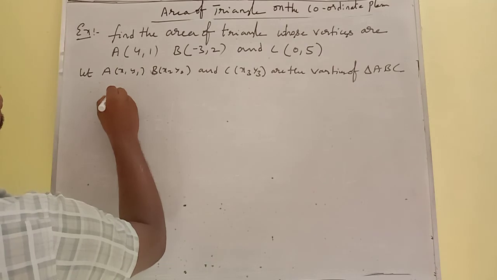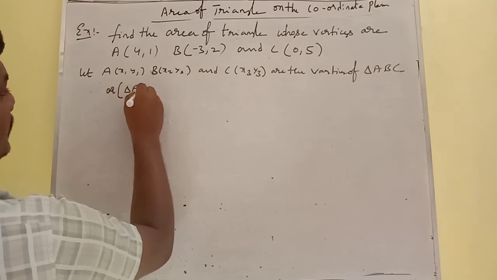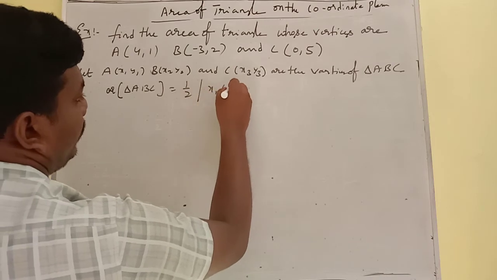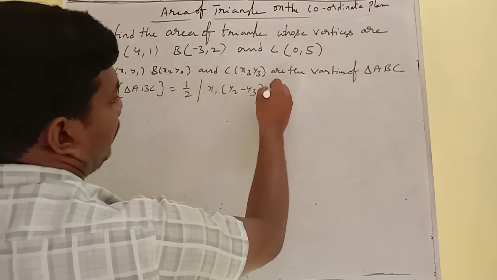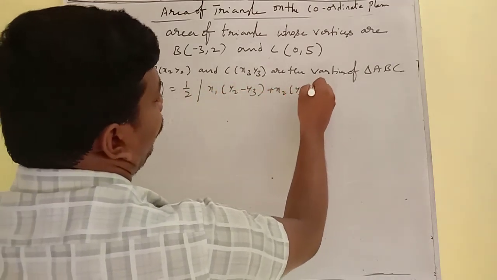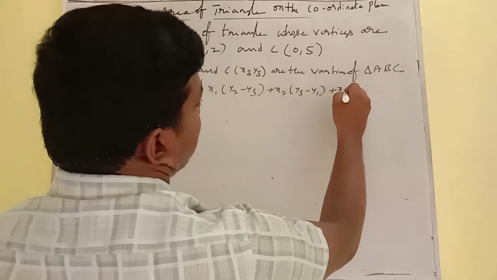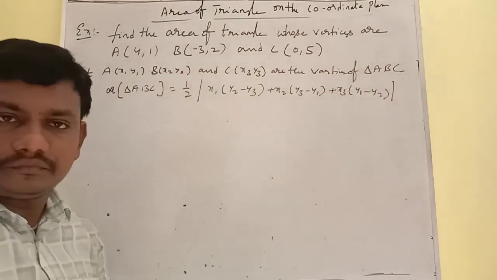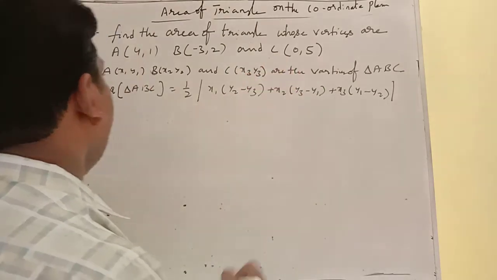Then the area of triangle ABC is half into modulus of x1 into y2 minus y3 plus x2 into y3 minus y1 plus x3 into y1 minus y2. That is the formula, and we have to use it.